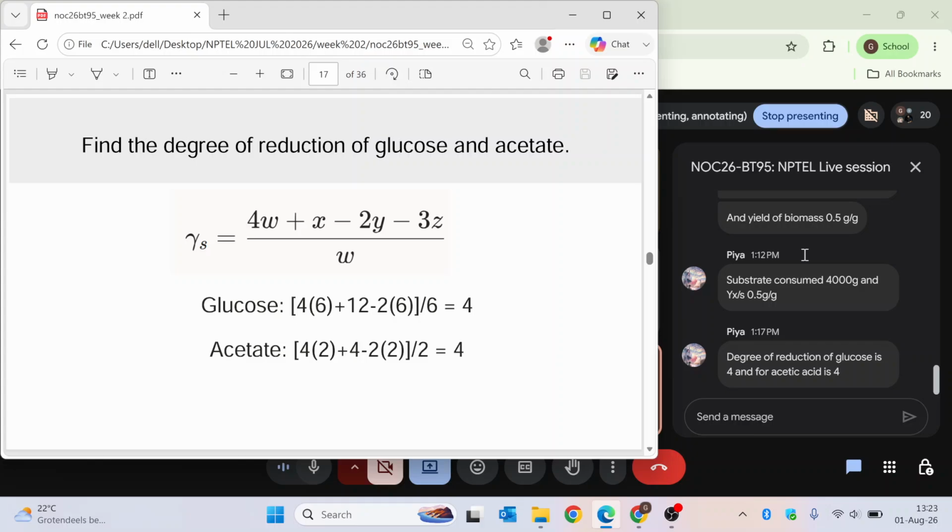In one of the previous questions we saw what degree of reduction is. So based on that, do you have any opinion on what it signifies?